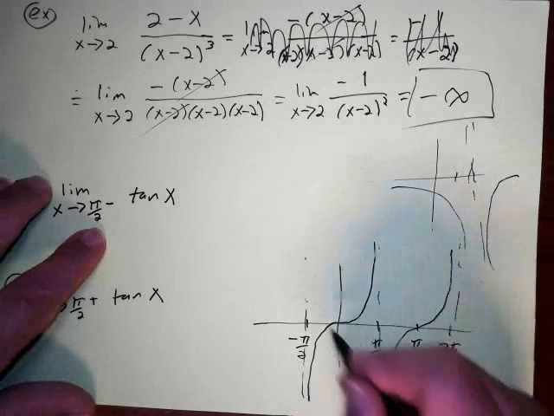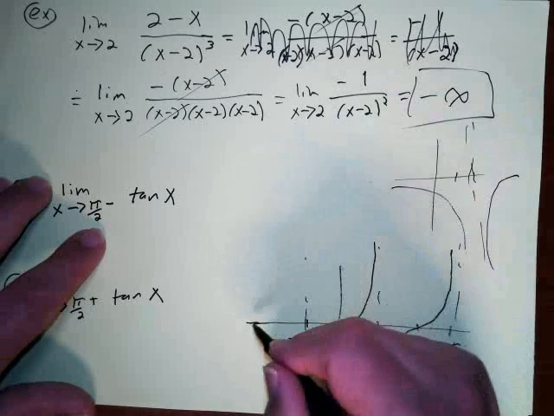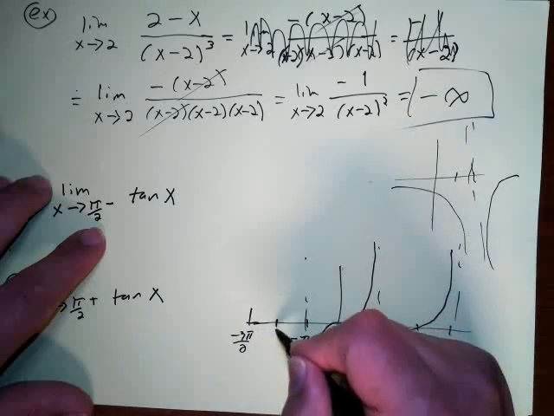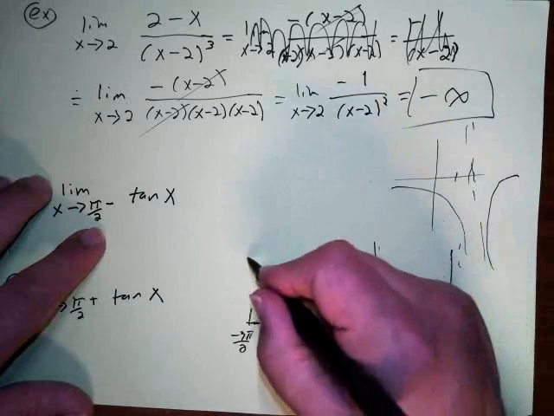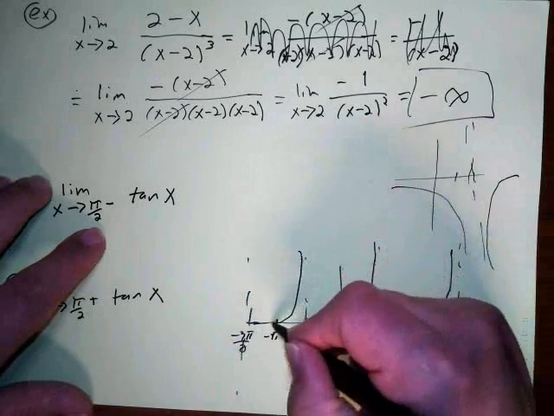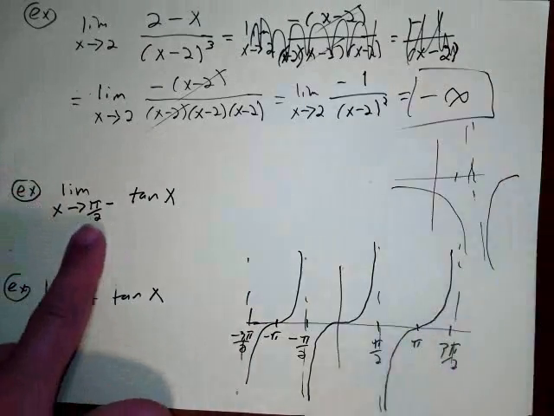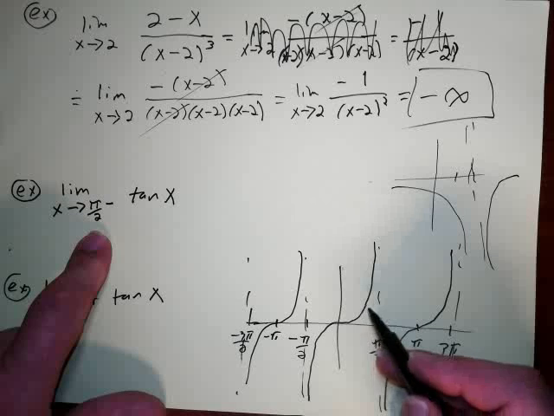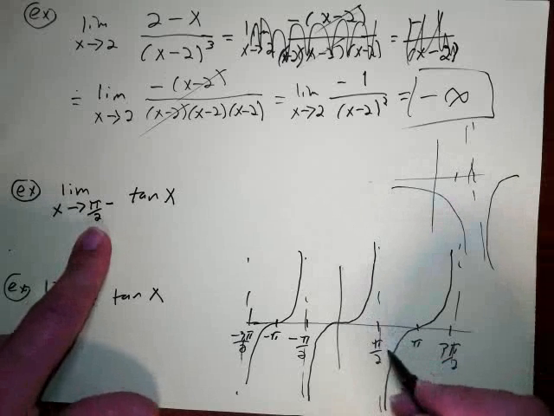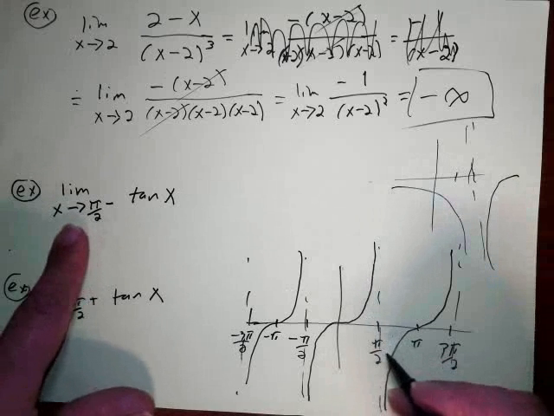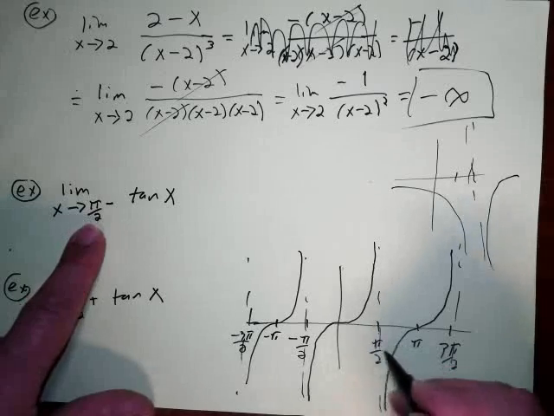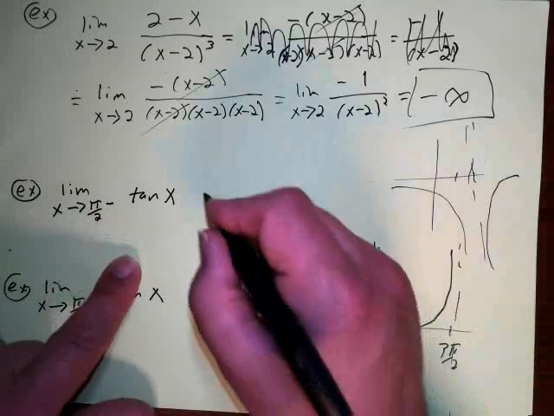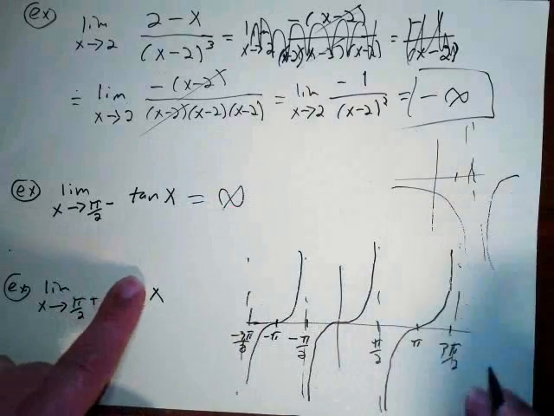This would be another one. This would be another one. And so if you notice here, this is actually asking you to take a limit at the asymptote. Right? So this is the limit as x approaches pi over 2, but do it from the negative side, and then what you see here is you get positive infinity.